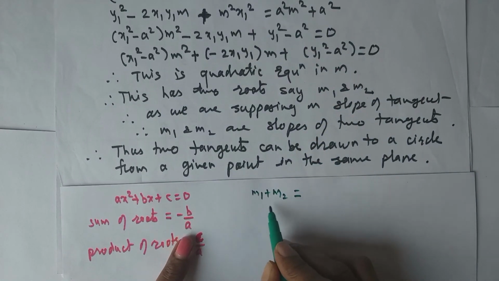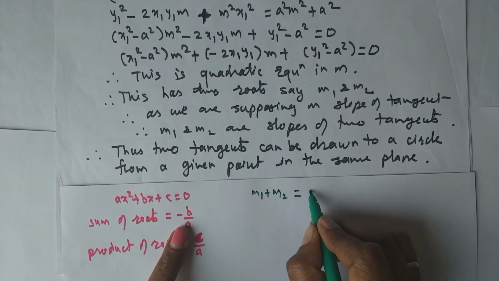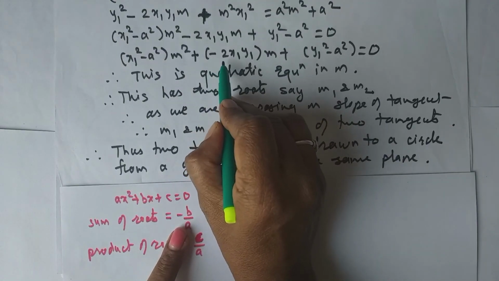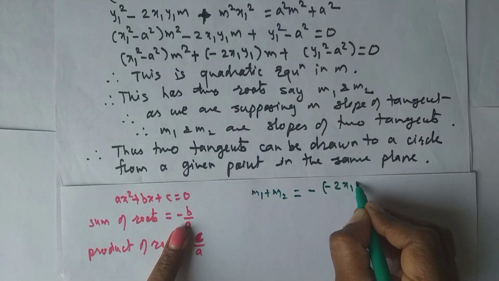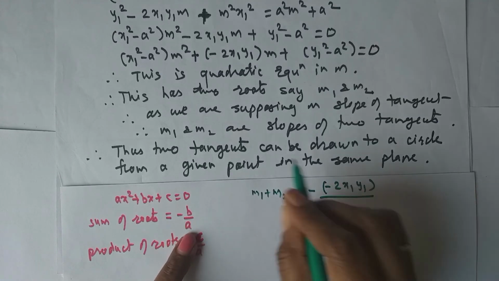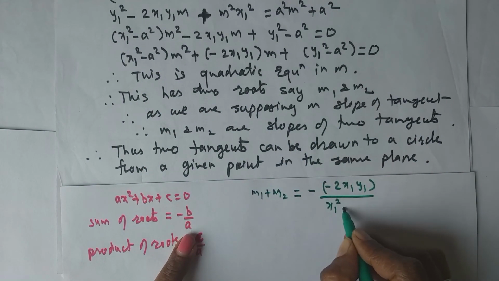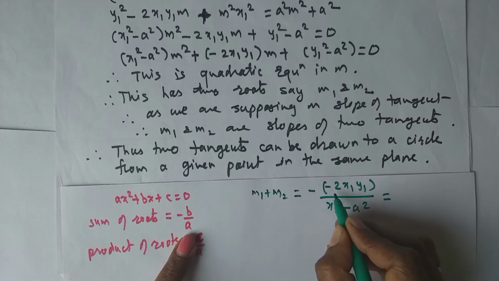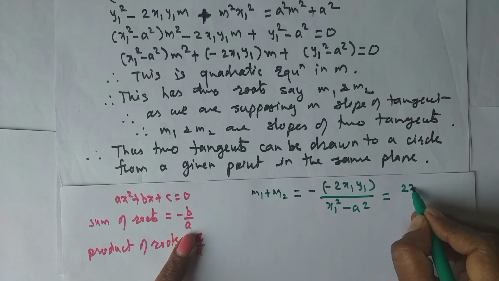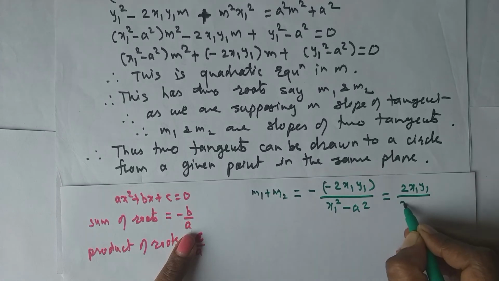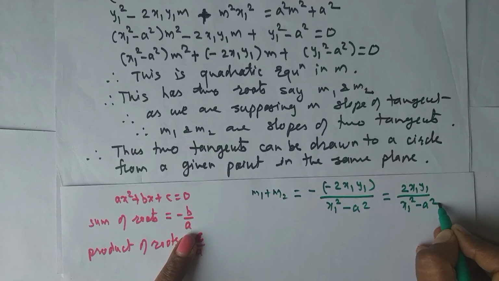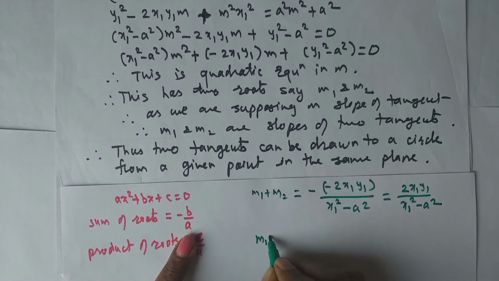Therefore, write down sum of slopes: minus b means this middle term, minus 2 x1 y1, divided by a means the coefficient of m square, that is x1 square minus a square. Now we will simplify this, minus minus becomes plus 2 x1 y1 divided by x1 square minus a square.